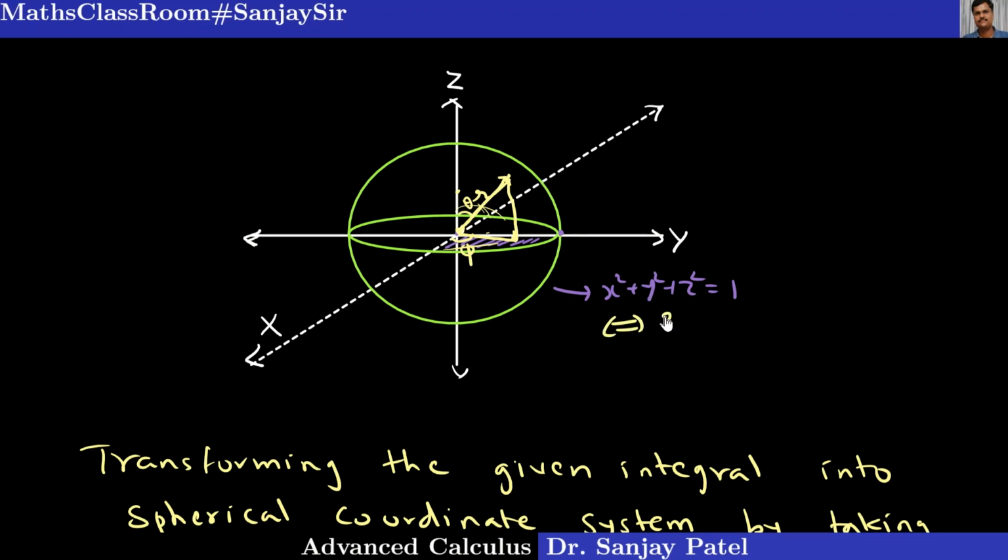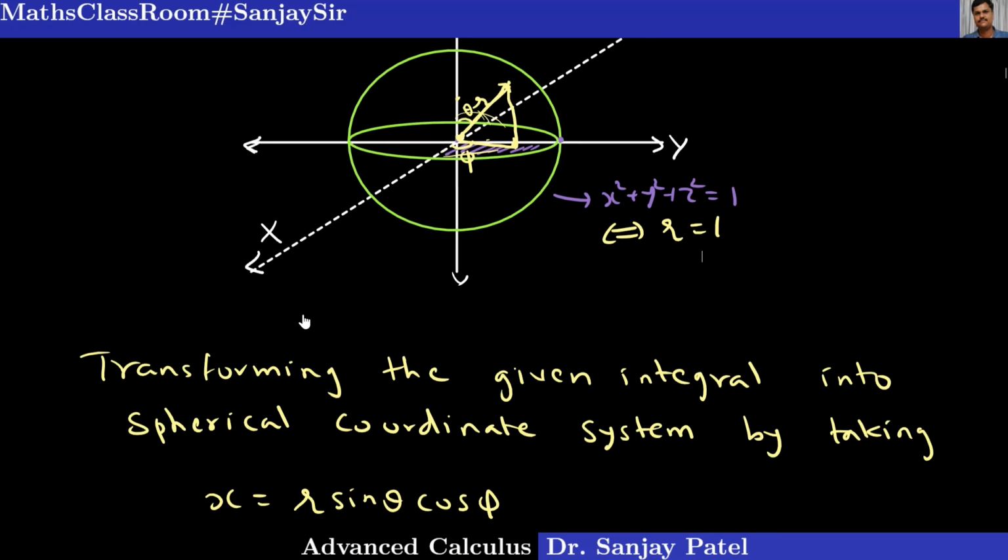This is same as r is equal to 1, because in the spherical coordinate system we know x square plus y square plus z square is equal to r square.